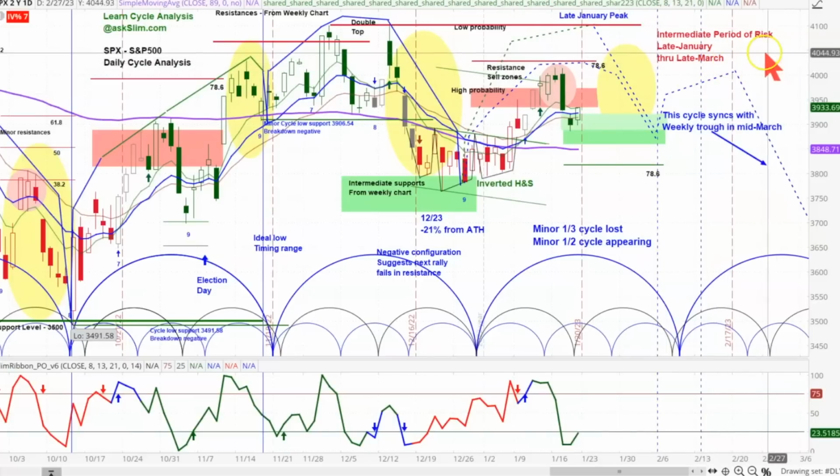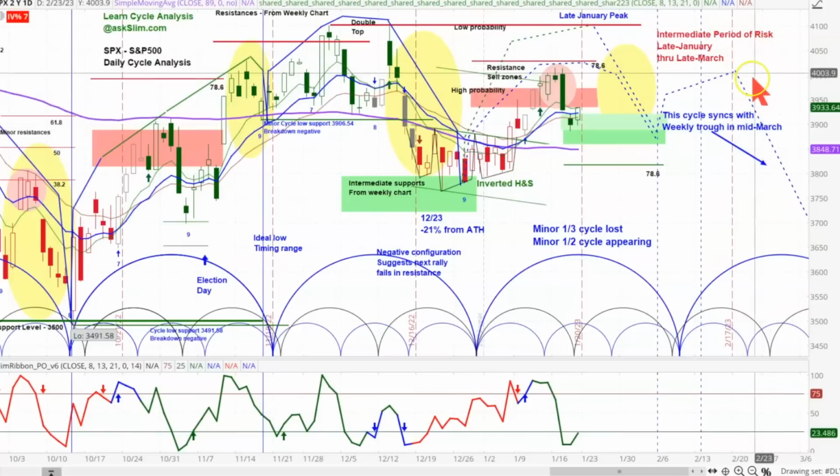But I don't think anything can avoid what's coming over here into the February and March period, which is likely to give you a sizable downside move. As I said in the beginning of the show, investors will be capitulating and probably making the lows for the year for 2023.